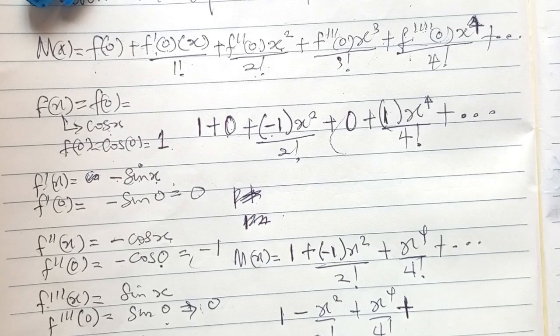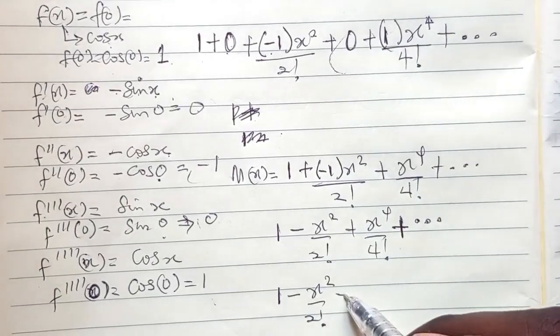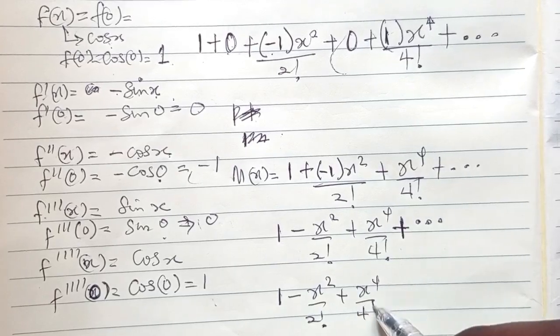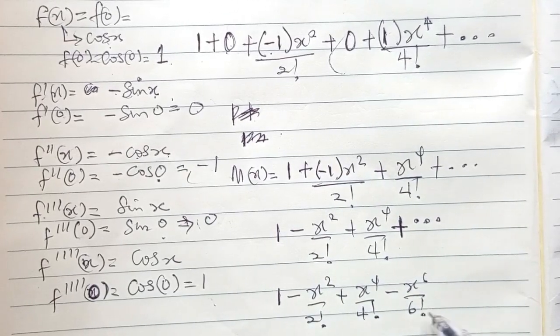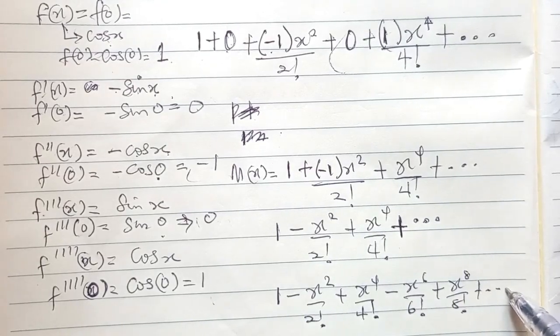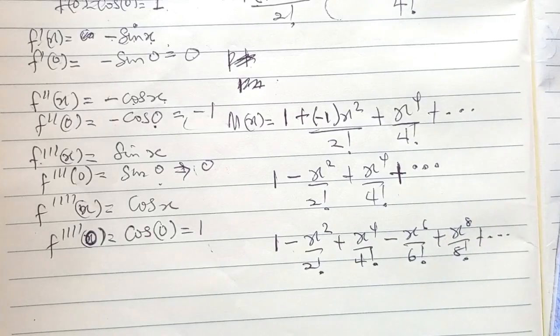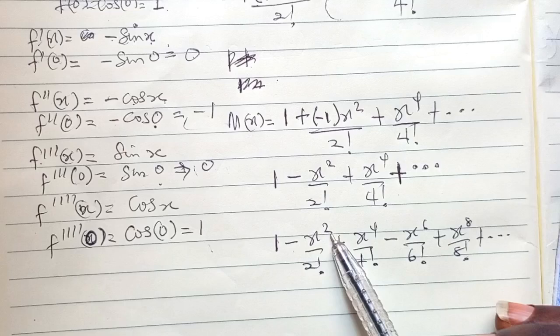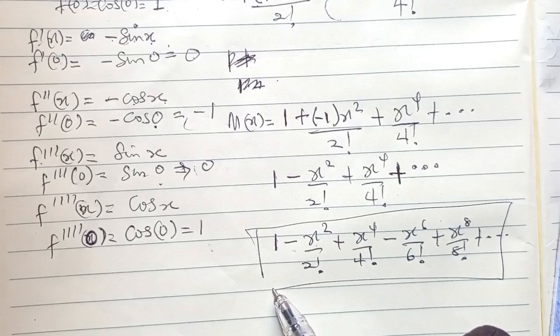In case you want to go further, you can write it like this: 1 minus x squared over 2 factorial plus x to the 4 over 4 factorial minus x to the 6 over 6 factorial plus x to the 8 over 8 factorial. You see the pattern. It's alternating in signs, like minus and plus, and it's only even numbers that are there. There are no odd powers. Everything is like 2, 4, 6, 8, 10, and so on. And the signs are alternating. So this is the Maclaurin series.